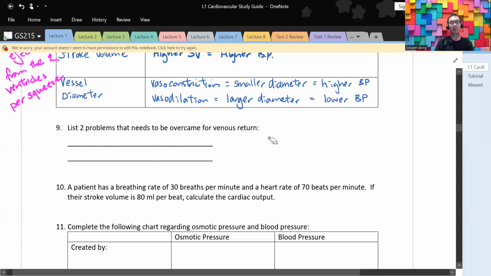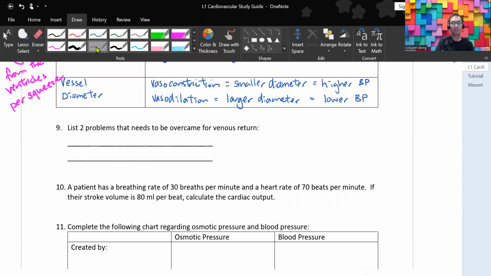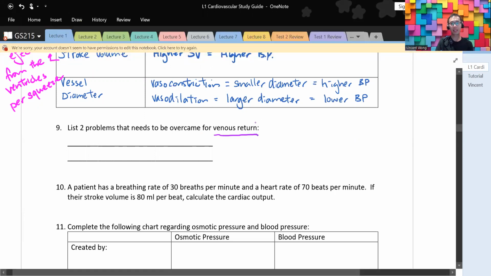So 2 problems that need to be overcome for venous return. What is venous return? Venous return is basically returning blood to the heart. Now that's going to be a little bit of a problem because the heart is quite high up in the body.